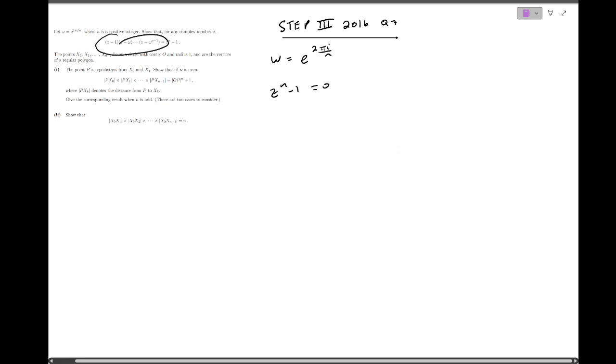So its roots are just the roots of unity, where k goes from 0 to n minus 1, right? Now that we have all the roots, we can just rewrite this polynomial as a product of its roots, which is exactly what they wanted us to show. So that's nice.